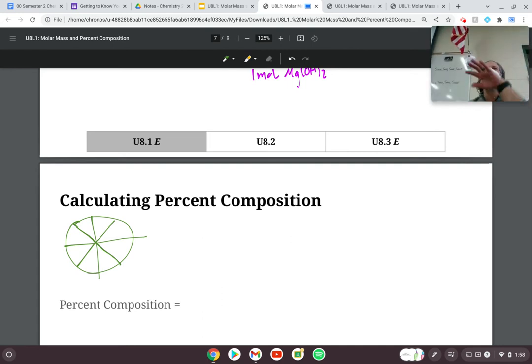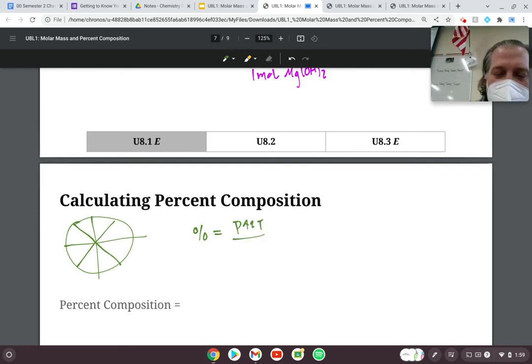if you were going to calculate the percent of slices of pizza that you're going to eat, I would probably say 100%, but not everybody does that. So when you calculate the percent of anything, it's usually part of that anything divided by the whole of that anything times 100.